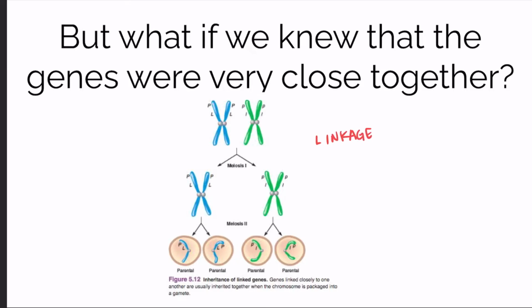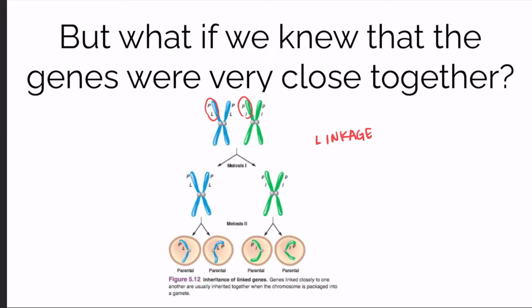And as you can see in this picture, the genes with the alleles big P, little p, big L, little l reside really close together. And because they reside close together, that is going to impact how they move.